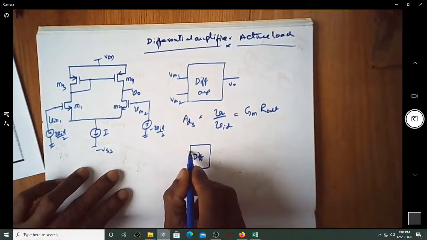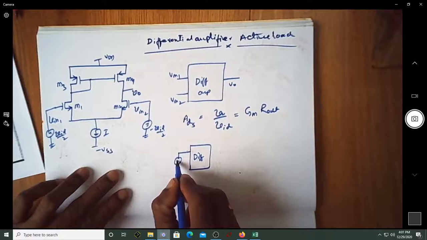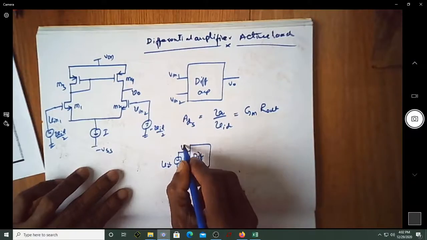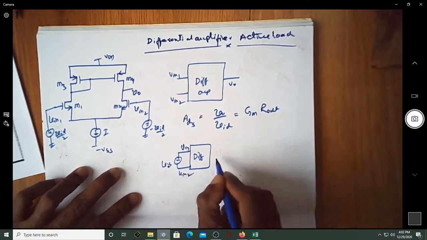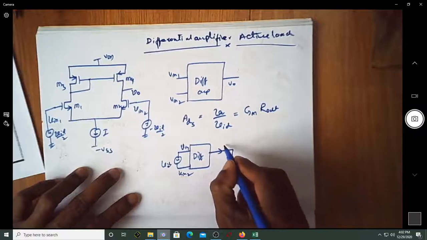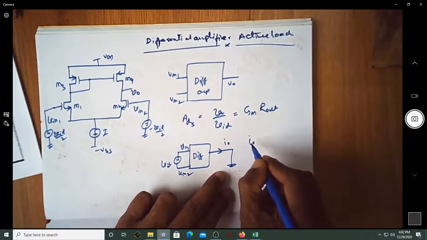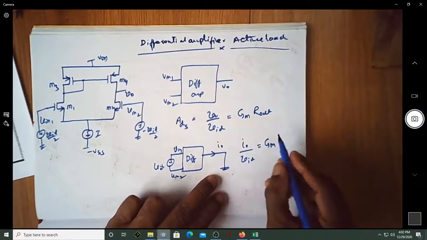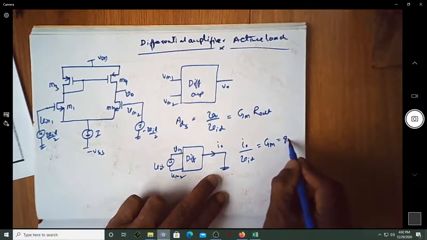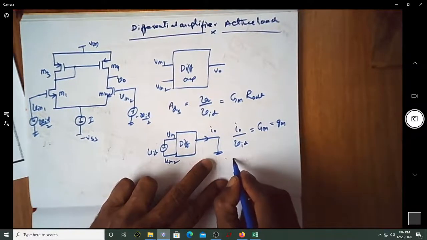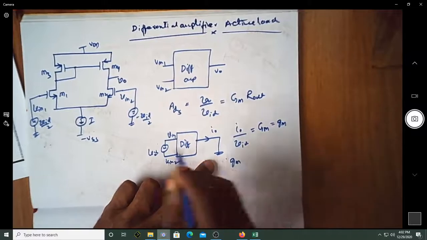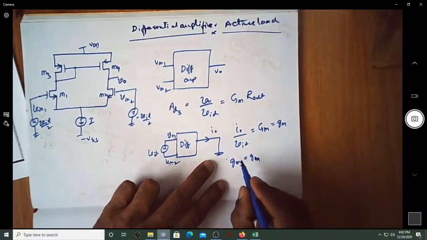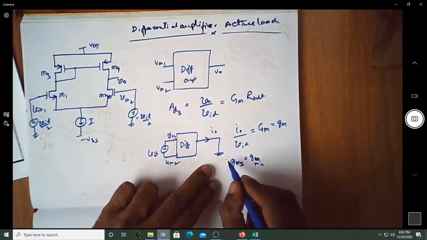So how do we estimate this short-circuit transconductance for the same differential amplifier? That's what we discussed in one of the earlier videos. We have a VID applied between Vin1 and Vin2, and we grounded the output. We were able to find I0 by VID, which happens to be capital GM, and it was found that this is equal to the transconductance of the MOSFET itself, provided the transistors M3 and M4 are matched, which results in GM3 equal to GM4.